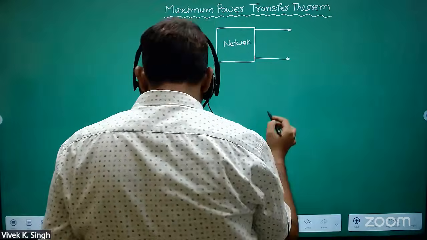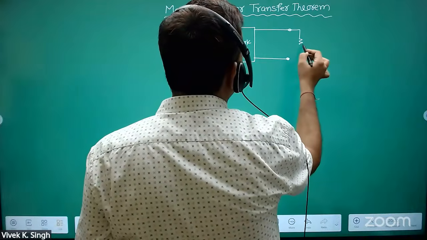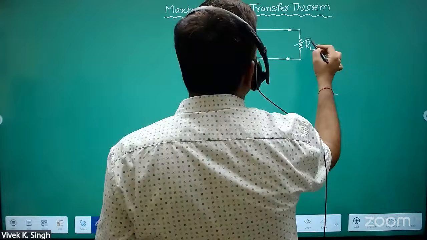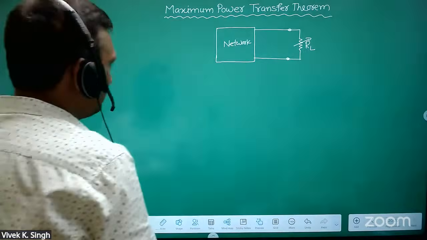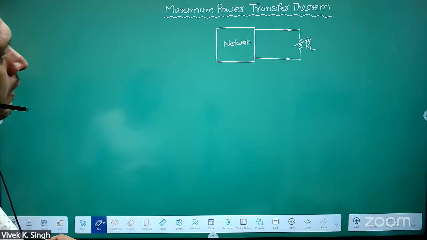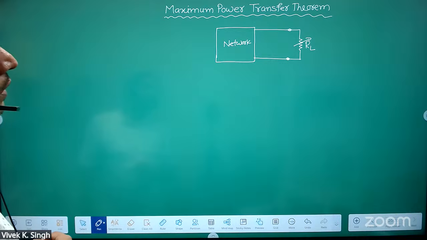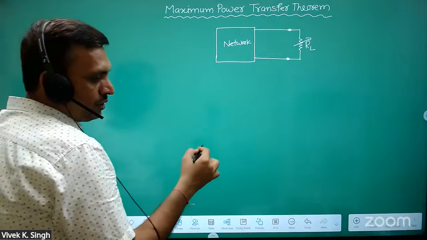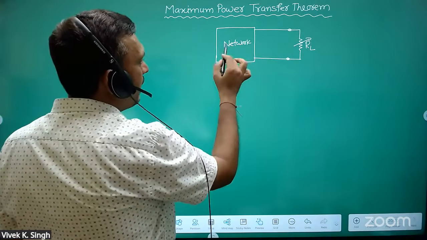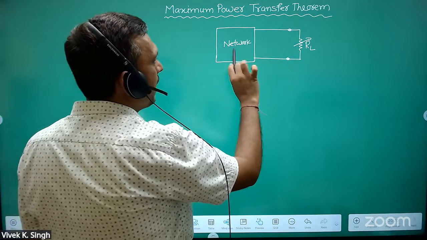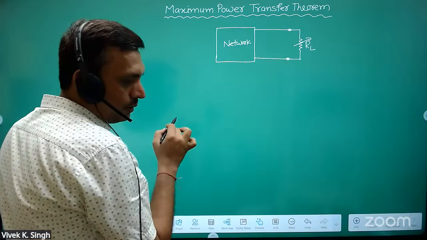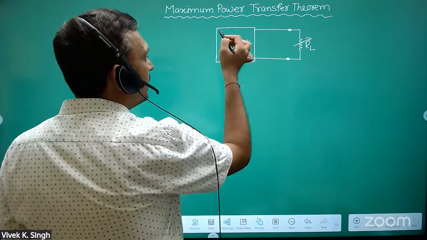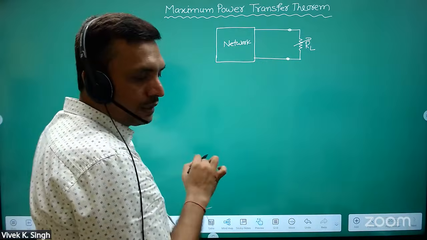And this is connected with some variable load. This load is variable. And you have to see that this network will deliver maximum power to the load when load resistance is equal to the Thevenin resistance of the network delivering the power.